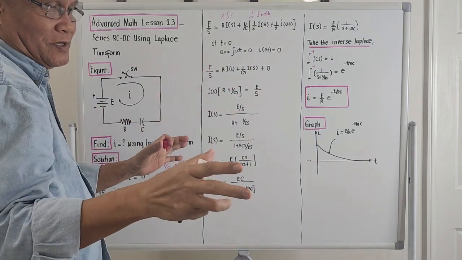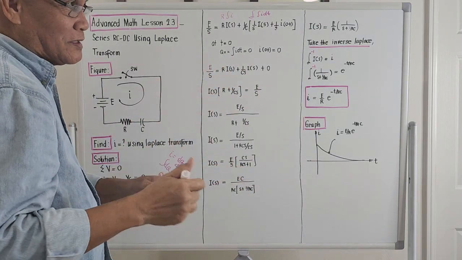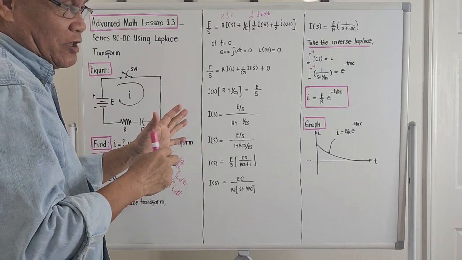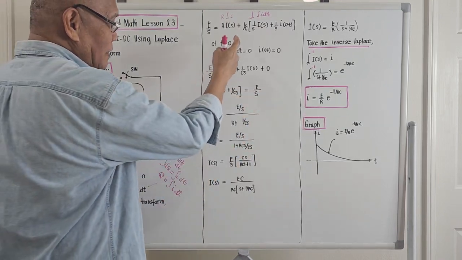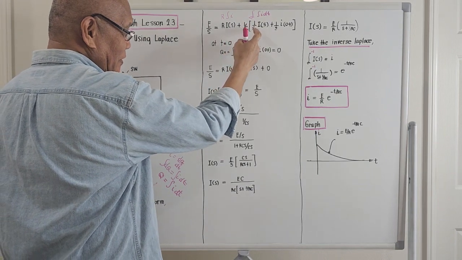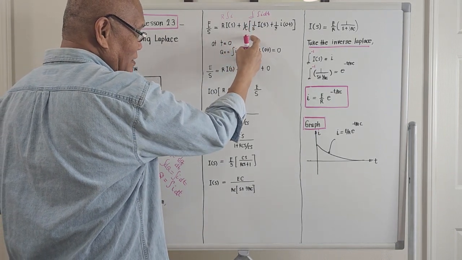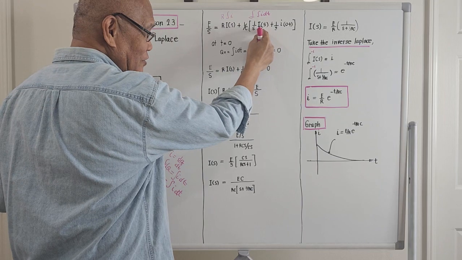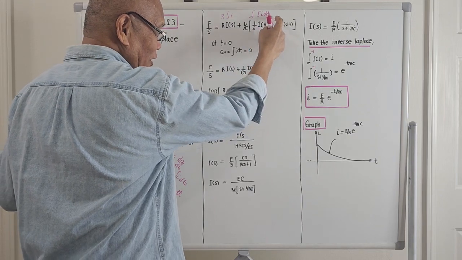I have given you the derivation of that, and as an equivalent, it will be 1 over s, I as a function of s, plus 1 over s, i at 0 plus.